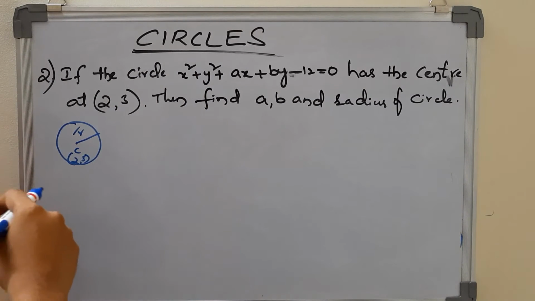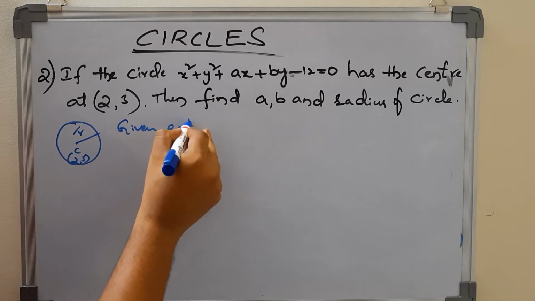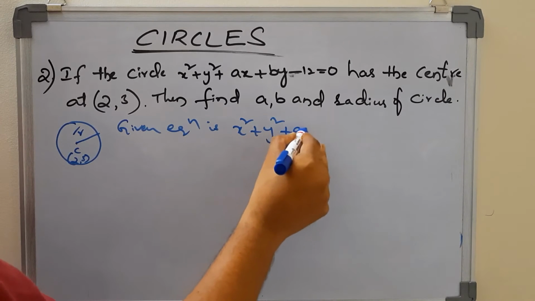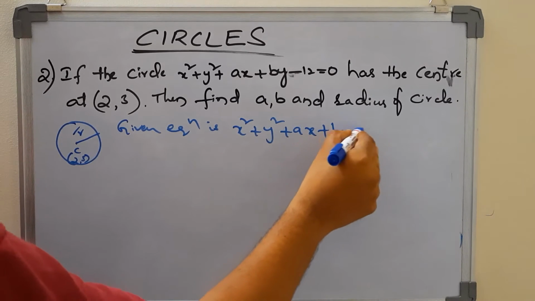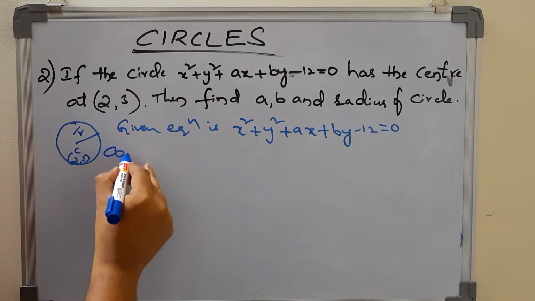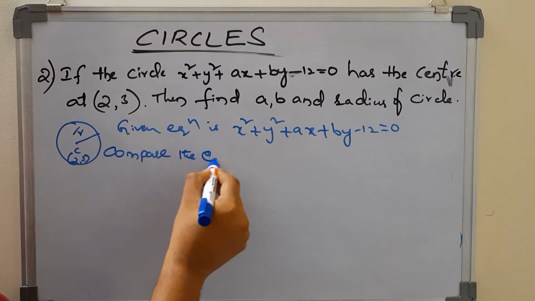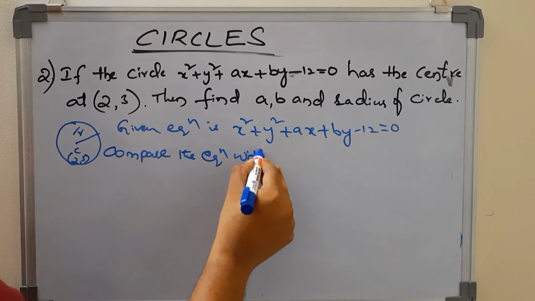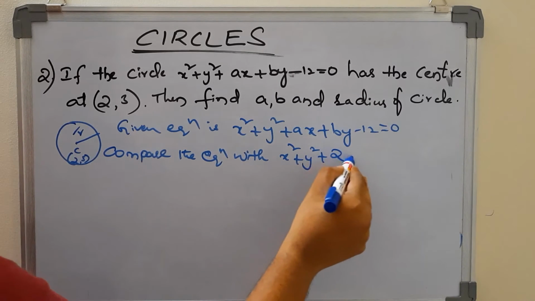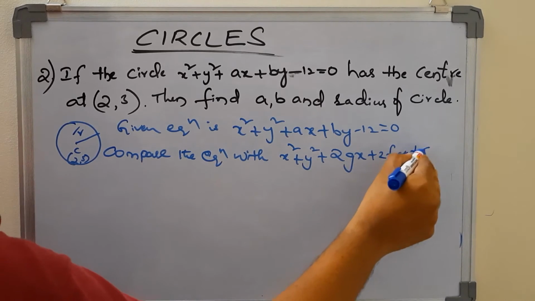How can we solve this problem? First of all, the given equation is x square plus y square plus ax plus by minus 12 is equals to 0. What is the first step here? Compare the given equation with the general form, x square plus y square plus 2gx plus 2fy plus c is equals to 0.